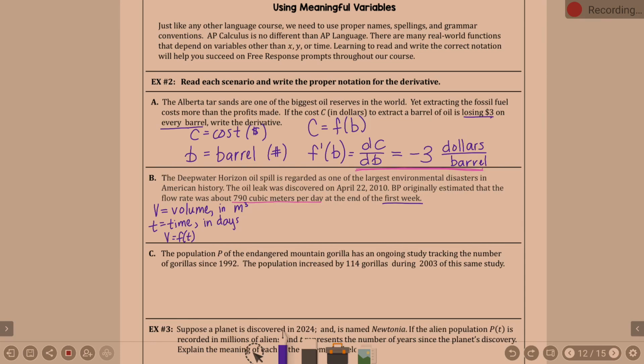So the change in volume over the course of time, evaluated at t equals 7 because it's at the end of the first week, and a week is 7 days, right? And that is 790. 790 what? Cubic meters per day. Derivatives are always going to be a rate, so it's something per something.